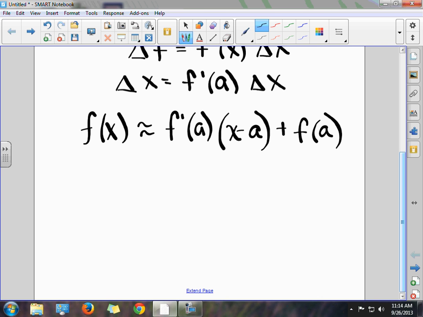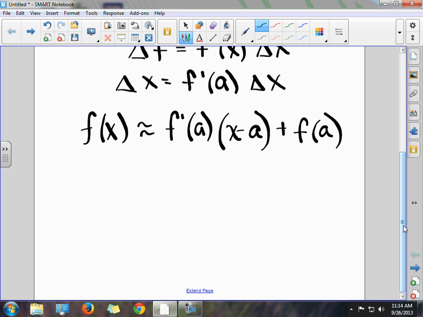So really, this is a lot like the point slope form of your line. We're just solving it for f of x. And this will approximate values of x that are close to a. So let's try an example.